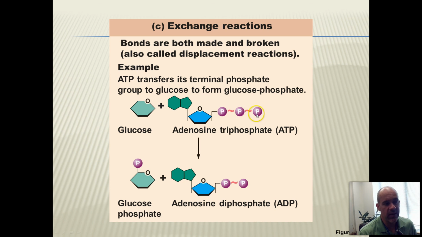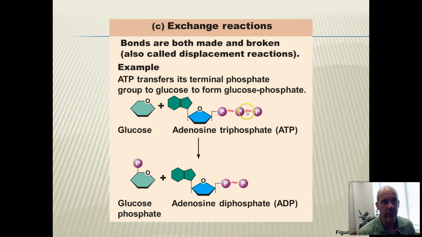But if you notice, these are our reactants in our chemical reaction. We've got a glucose here, adenosine triphosphate over here. And one of those phosphates, the bond right there, that's a covalent bond between that phosphate and the next one. That one gets broken, and that phosphate winds up attaching to the glucose over here. And our glucose now becomes glucose phosphate, and adenosine triphosphate, and we're going to talk more about what adenosine means later.